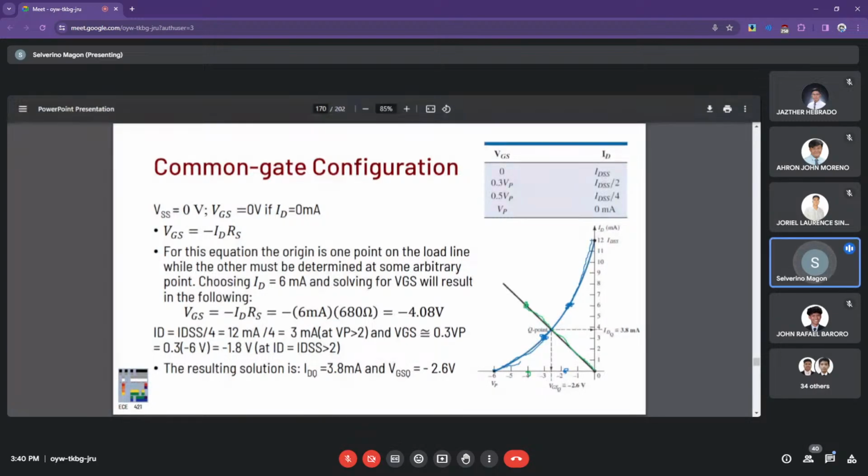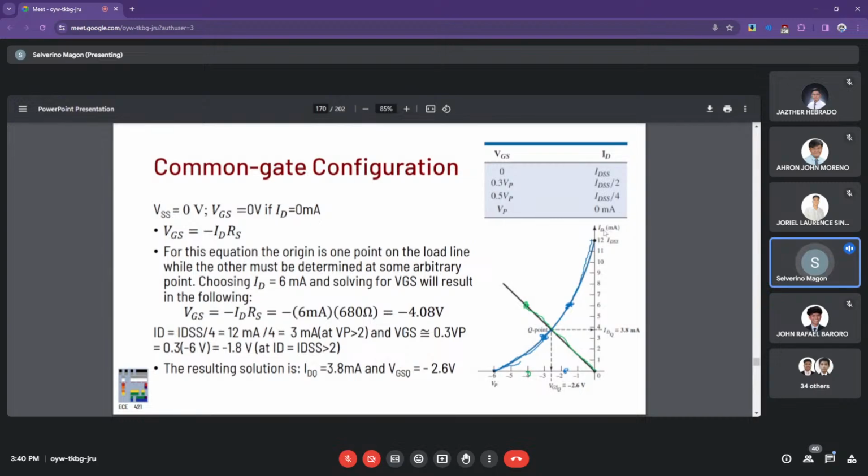Right, so performing the load line analysis for this, for various values of ID. Since IDSS is 12, we will start with the half point at 6 milliamps. The VGS will result to negative 4.8.